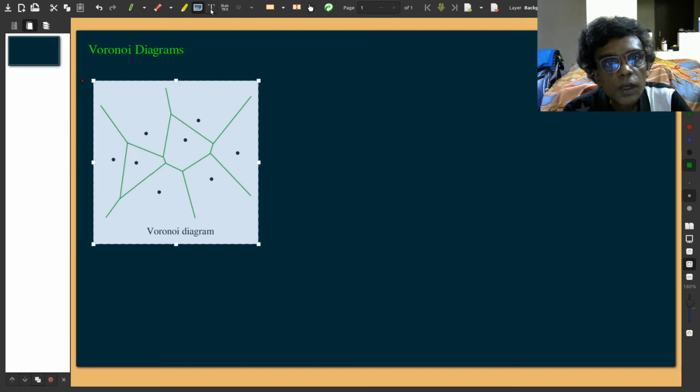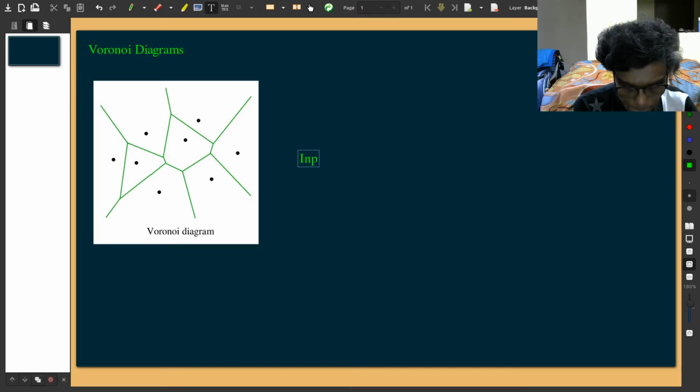Okay, so you are given as input a set of points in the Euclidean plane.